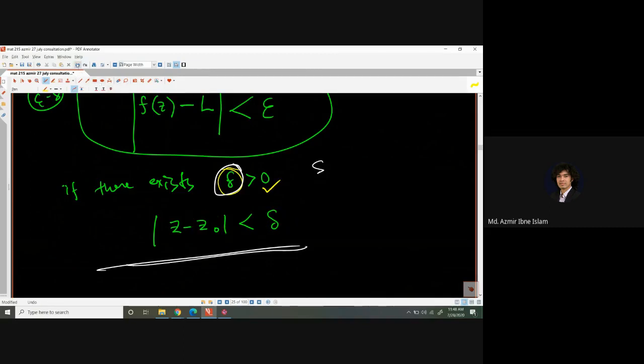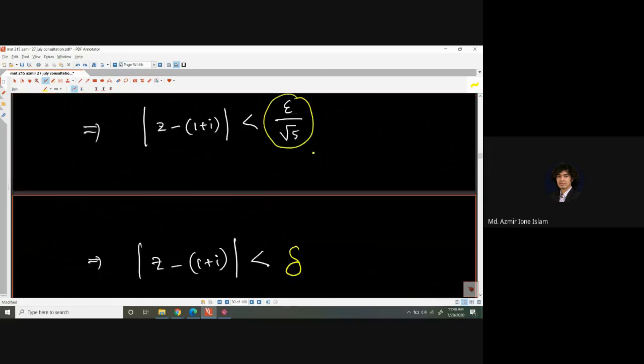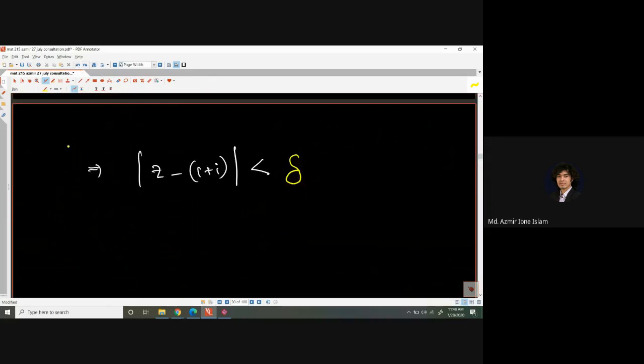Clear? So you can see we are mentioning that this is a number delta. Now let's check modulus of z negative z naught; our target is to reach this one, that it should be less than delta. So it must be same.